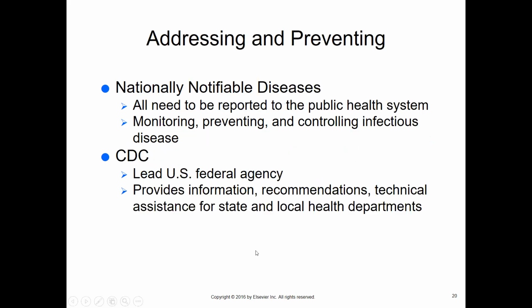Nationally notified diseases. So we need to report all diseases that are reportable, and monitor, prevent, and control those infectious diseases. Again, the CDC is the leading U.S. federal agency, and its job is to provide information, recommendations, and technical assistance to state and local departments.